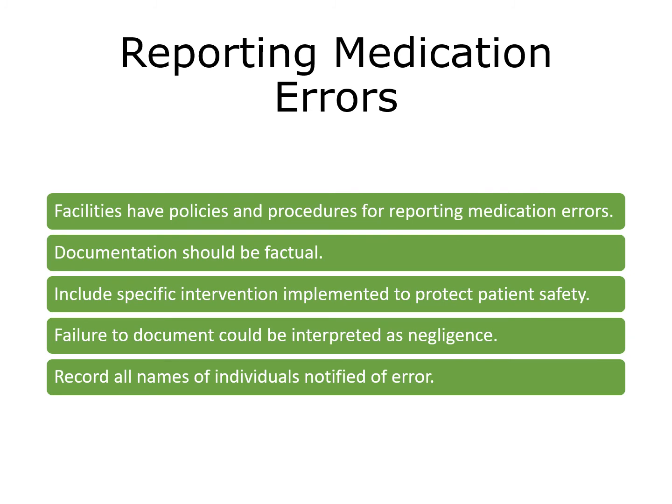Okay, so here's the system for reporting a medication error, right? Every facility, definitely hospitals, will have policies and procedures in place for reporting medication errors. How the documentation should be: it should definitely just be factual about what happened, and then include specific interventions that were done to help the patient, if an intervention was required.